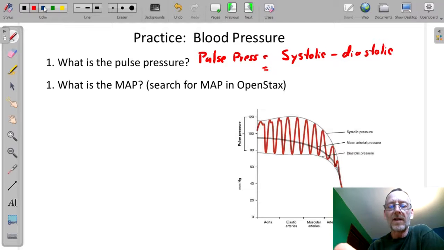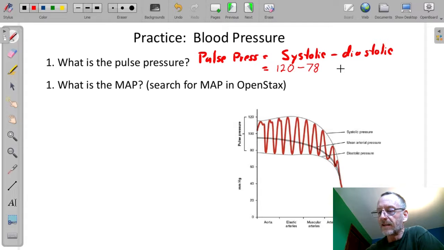And that was, what did we say, 120 minus 78, and so that would be 42. 42 millimeters of mercury.